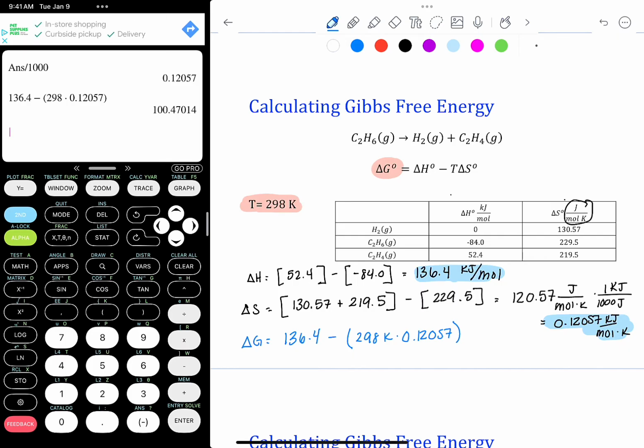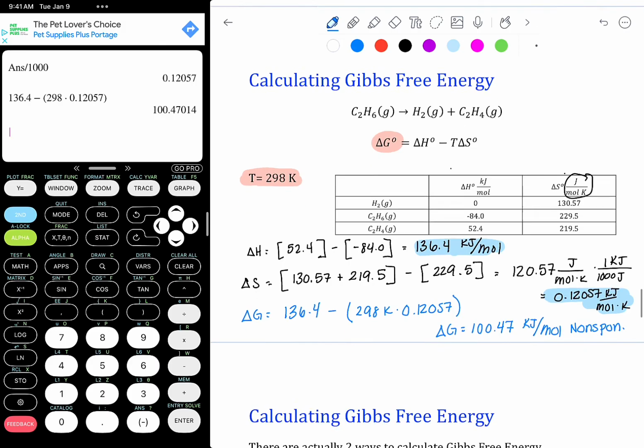So we get a delta G that is 100.47 kilojoules per mole. This is a positive delta G, so this would be non-spontaneous. So again, this is just taking in what we've learned previously about delta H and delta S, and we're using that to apply and solve for delta G.